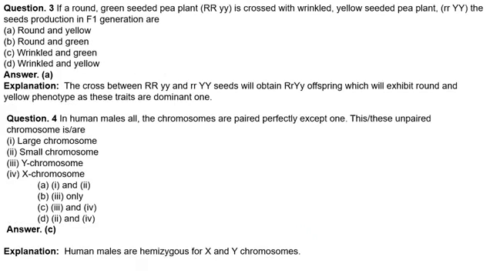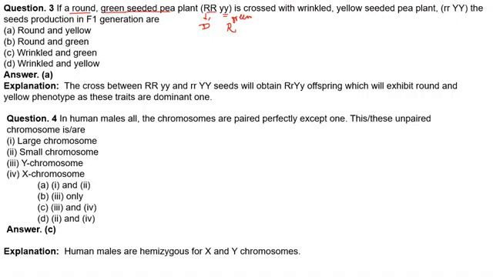Next question: a round green seeded pea plant. See the two characters we have taken. The first one is round and the other one is green. R, capital R, for round, and for green we have taken a small y. Round is a dominant character, and y, representing the green color of seed, is a recessive character, as the letter is small y.